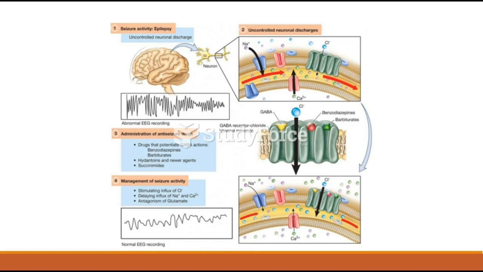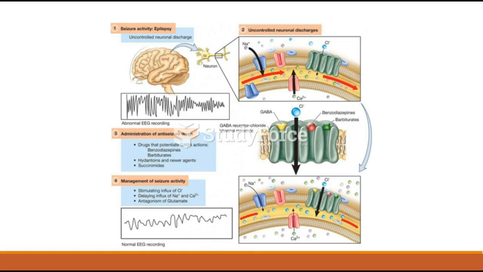So if you're looking at this image, you see that one way the anti-seizure medications decrease this uncontrolled rushing of calcium and sodium in is with drugs that potentiate GABA action. So remember, GABA is an inhibitory neurotransmitter.